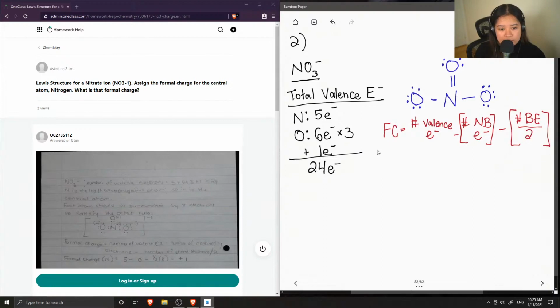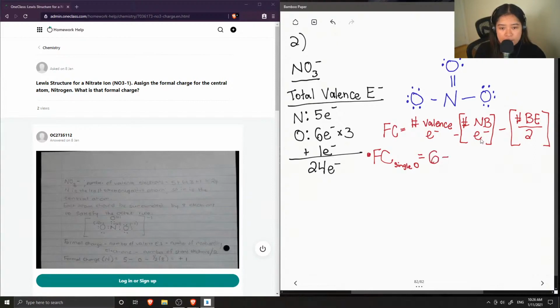Okay, so now let's calculate the formal charge of one of our oxygens. So one of the single bonded oxygens. I'll just say formal charge of single bonded oxygen is equal to the number of valence electrons, which for oxygen is 6.